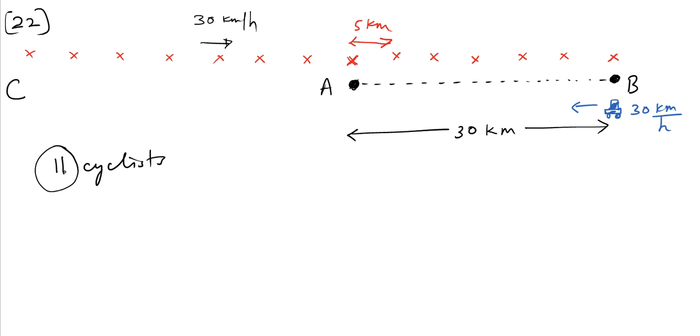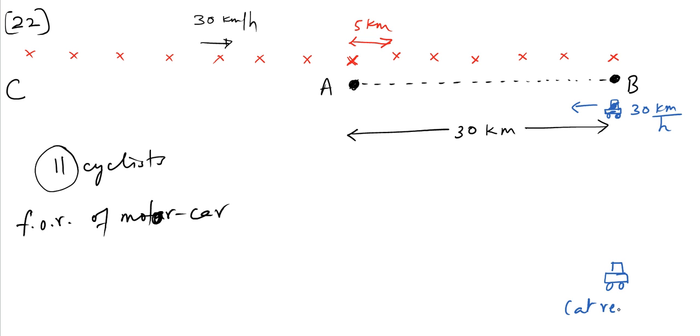Let's solve the problem in the frame of reference of the motor car. So I'll redraw the entire diagram in this particular reference frame, the frame of the motor car. The motor car is now at rest.